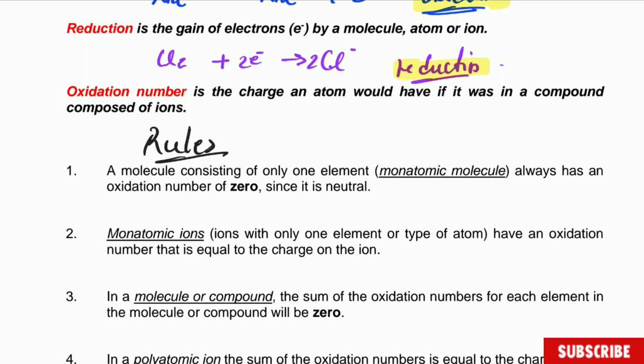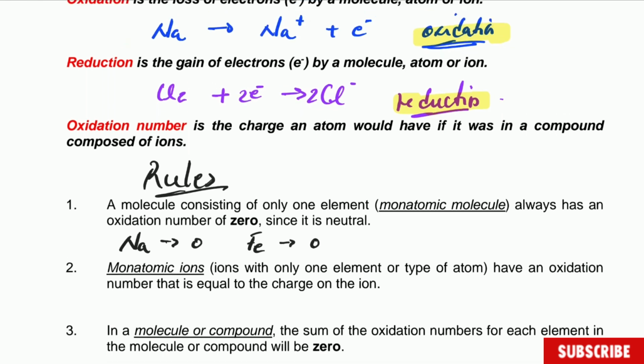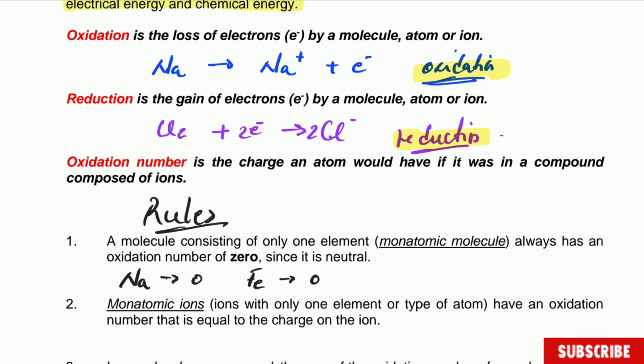The first rule says a molecule consisting of only one element always has an oxidation number of 0. When we say one element, we mean, for instance, sodium. In a reaction where you have sodium, the oxidation number of sodium will be 0. Or for instance, iron, the oxidation number will also be 0. If you go back here, you can see sodium here is being oxidized.